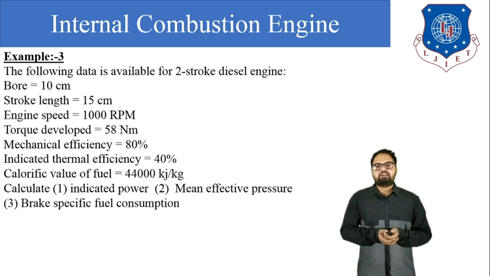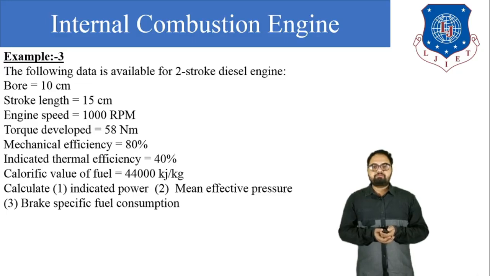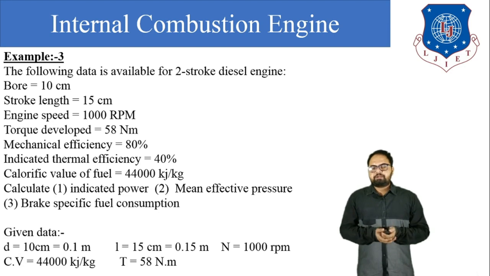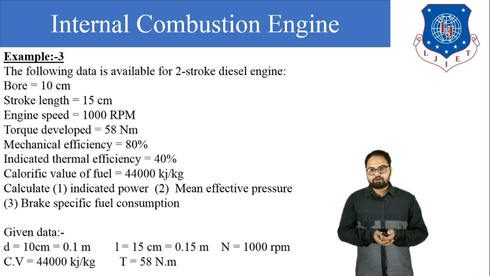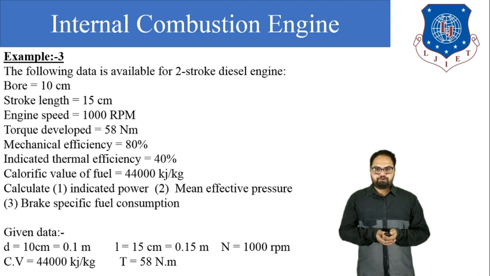So we have already discussed the indicated power and mean effective pressure, but we don't know brake specific fuel consumption. Brake specific fuel consumption, BSFC, is equal to mass of fuel divided by brake power. From the given data, diameter D is 0.1 meter, stroke length L is 0.15 meter, RPM is 1000, CV calorific value is 44,000 kilojoule per kilogram, and torque developed is 58 Newton meter.